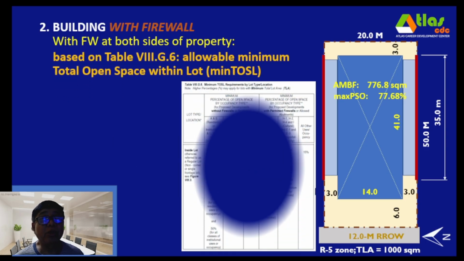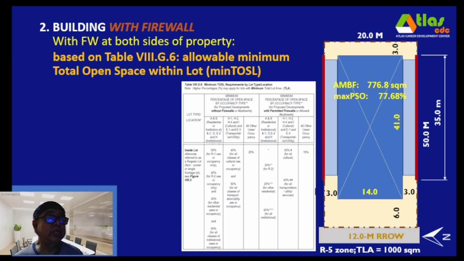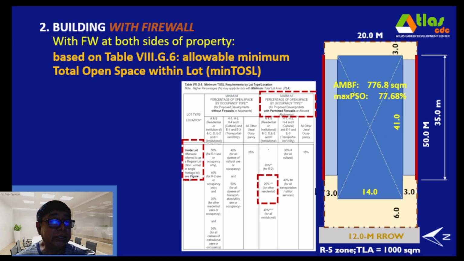But looking again at table 8.G.6, our allowable minimum total open space within lot reference table, here inside lot with firewall shows that if this is for R2, this will be for other residential R3, R4, and R5.